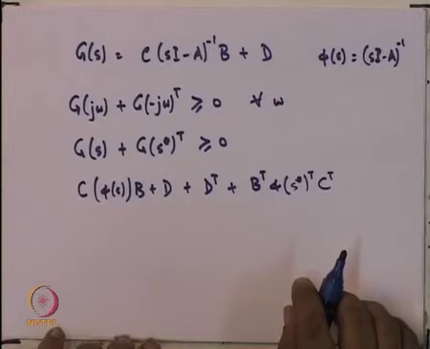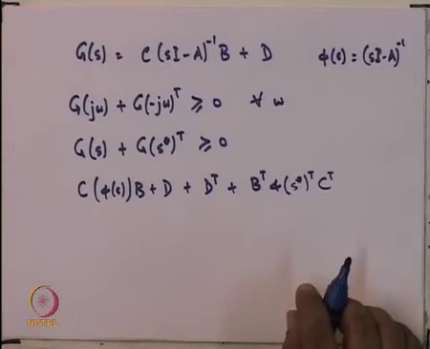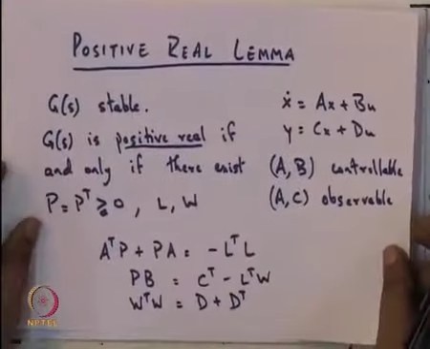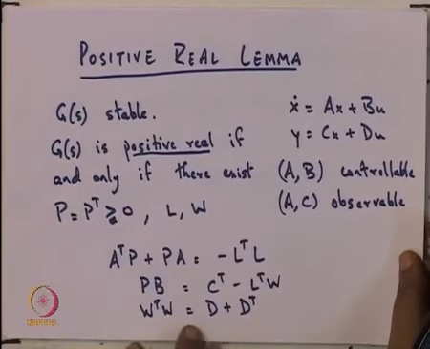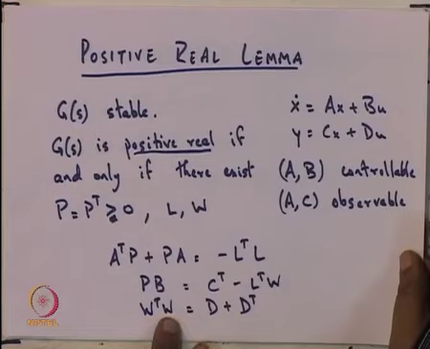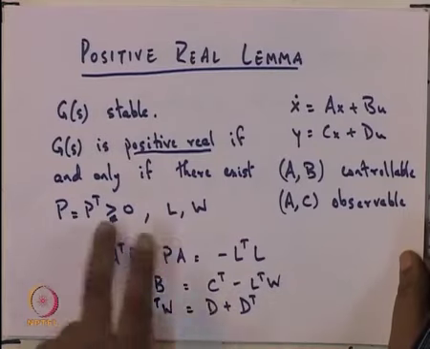And now what I will do is I will make use of some equations that we already have in the positive real lemma. In the positive real lemma we see that D plus D transpose is W transpose W, and we are assuming these things are satisfied.